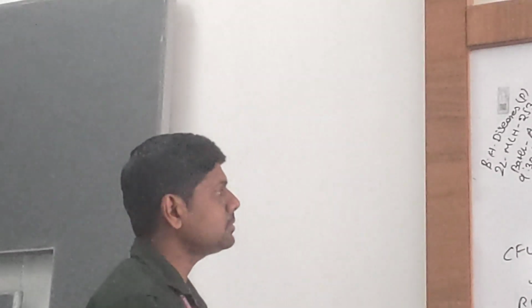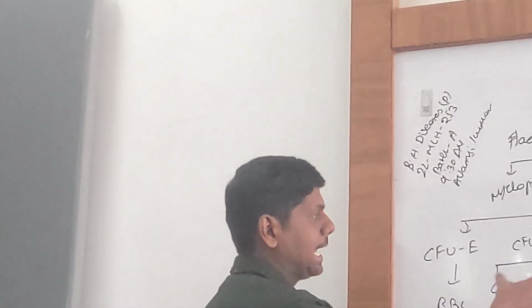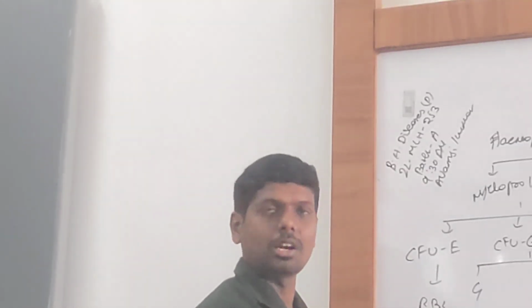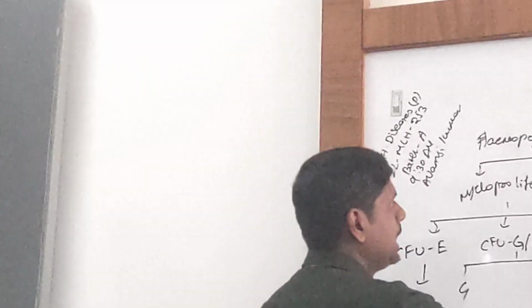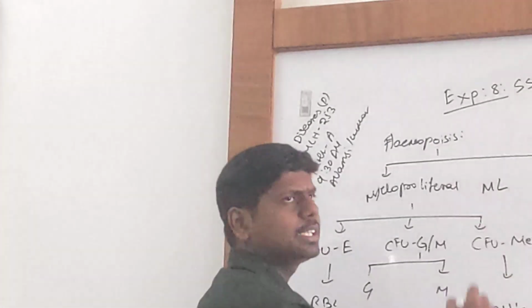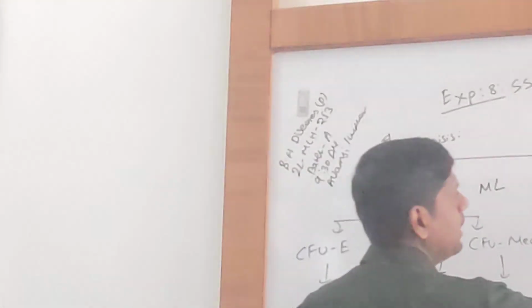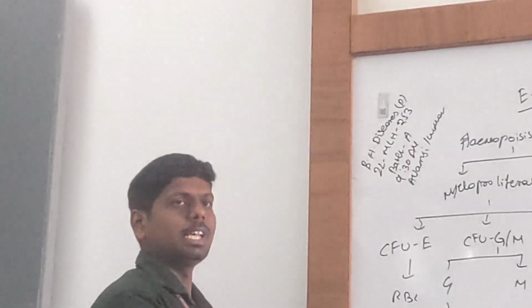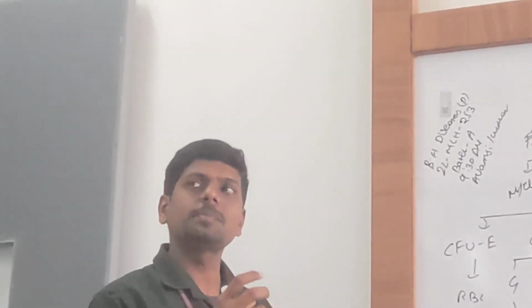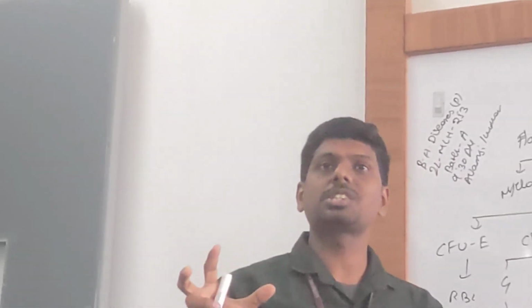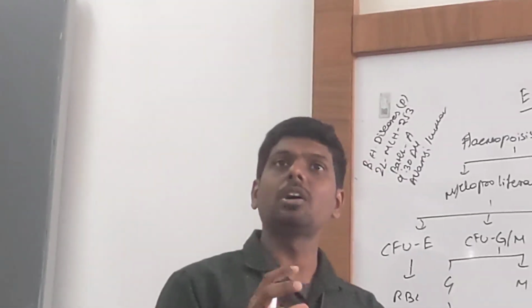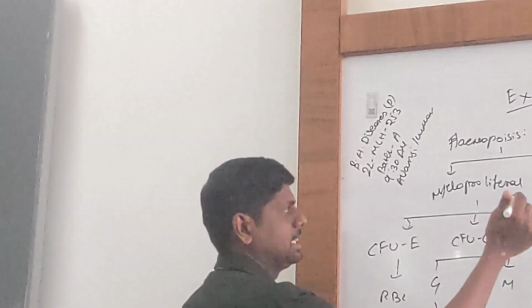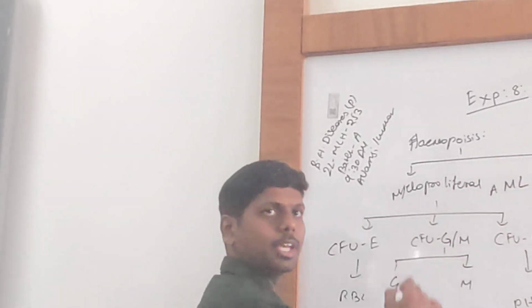Because now there are cancers, right? So leukemias. Blood cancers are of two types: either myeloid leukemias or lymphoid leukemias. If the spread of cancer is fast, such cancers are called acute myeloid leukemia.